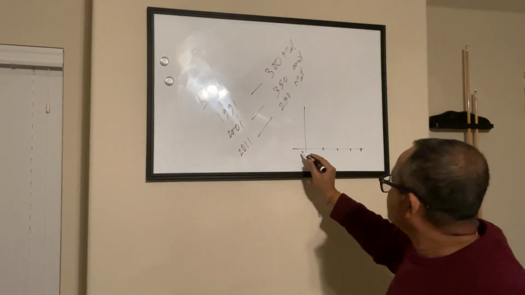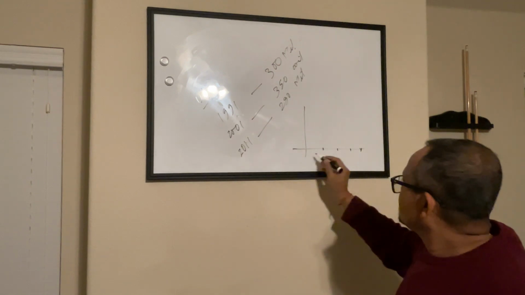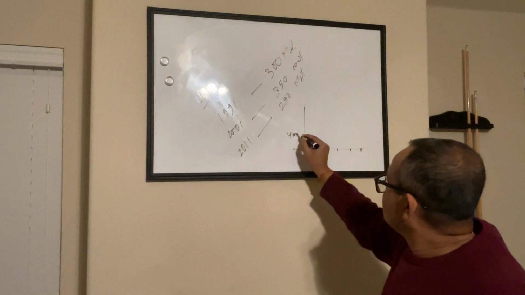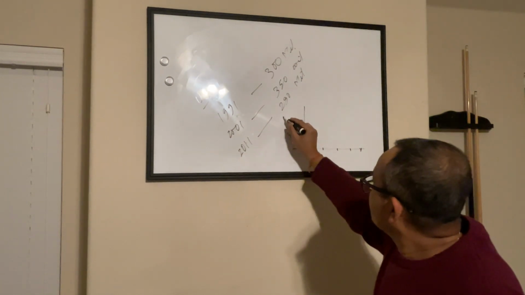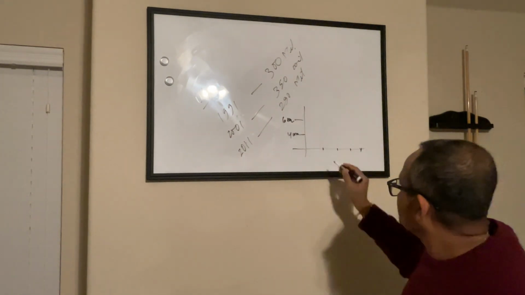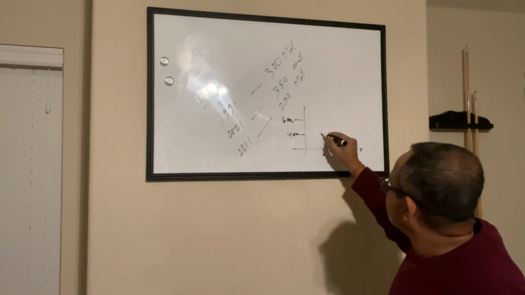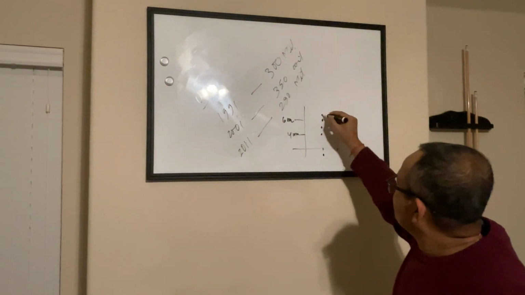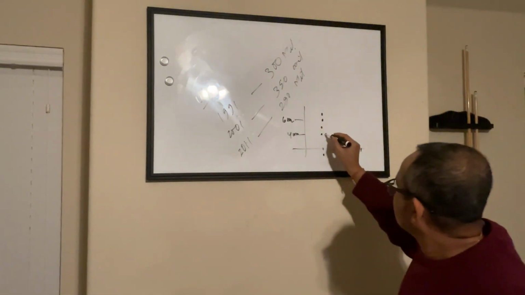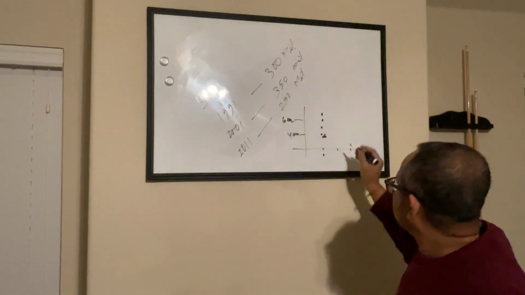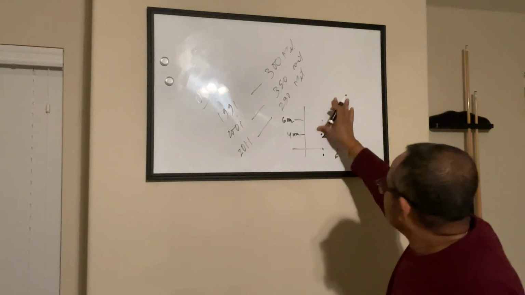Time taken by students to reach the school by walking. Let's say there are 5 students who reach in 4 minutes, some students in 6 minutes.